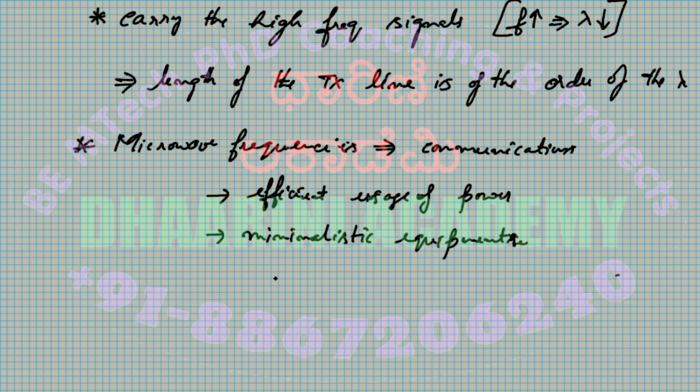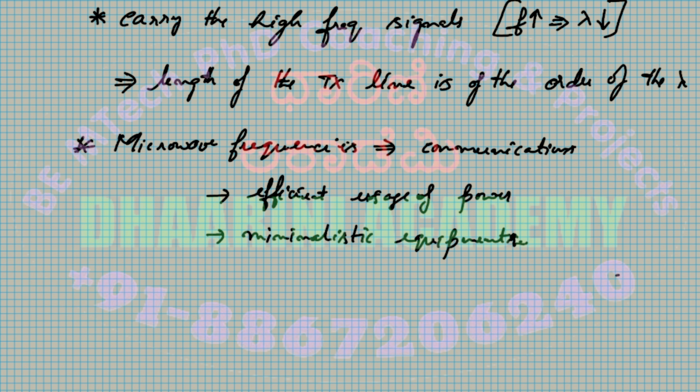Whenever I say efficient usage of power and minimalistic equipment, we see them very close to the transmitting or receiving antennas, in the line connectors and holders present within those parts of the circuit. Everywhere you will see these transmission lines.